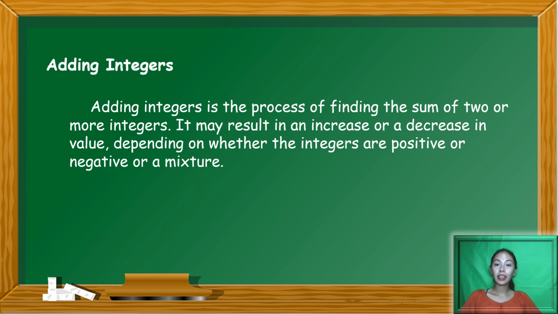It may result in an increase or a decrease in value depending on whether the integers are positive, negative, or a mixture. Remember that you are now in high school and we talked about integers. Integers can be positive, negative, or mixed.